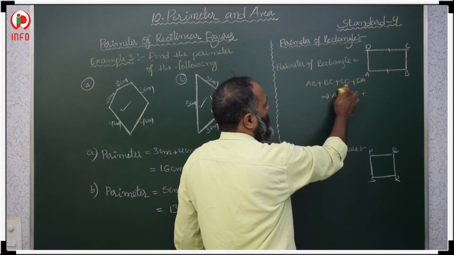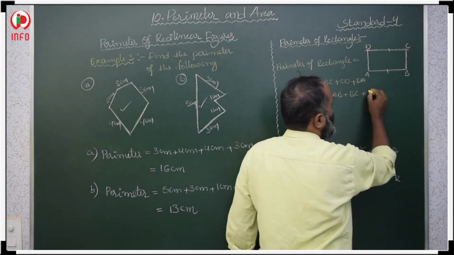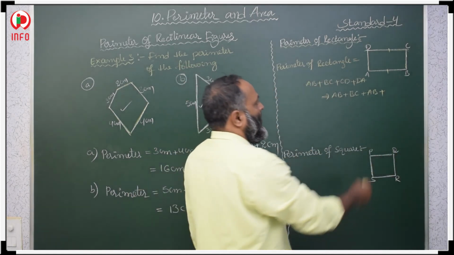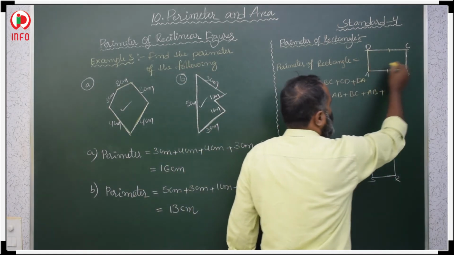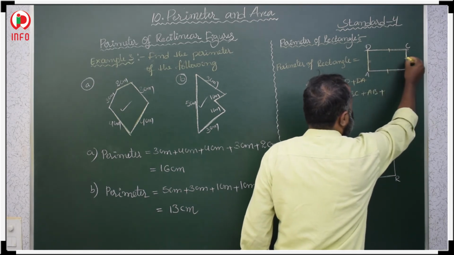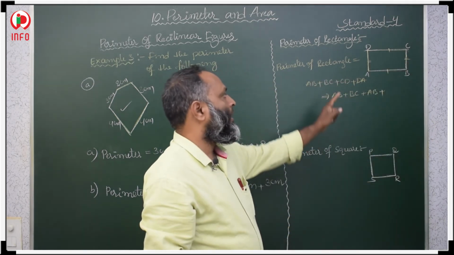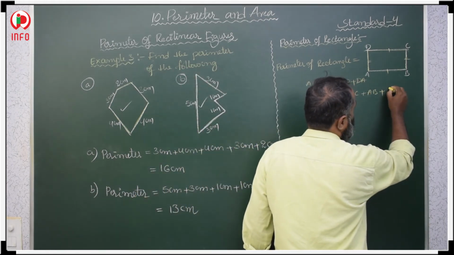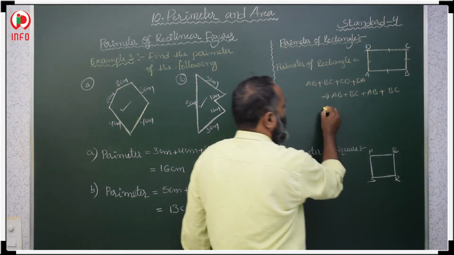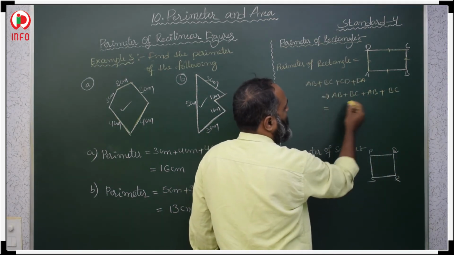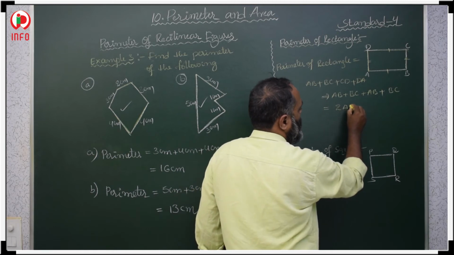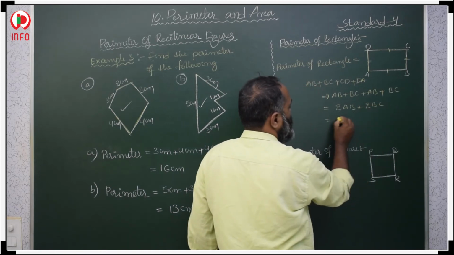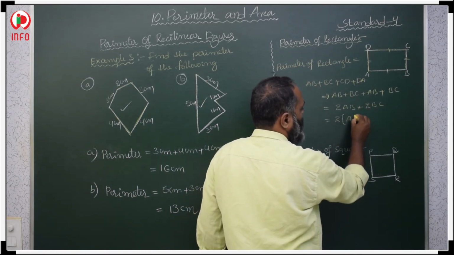Instead of CD we can take AB, and instead of DA we can write BC, because both are the same. Now how many ABs do we have? AB plus AB means 2AB, and BC plus BC means 2BC. So it is 2 into AB plus BC.